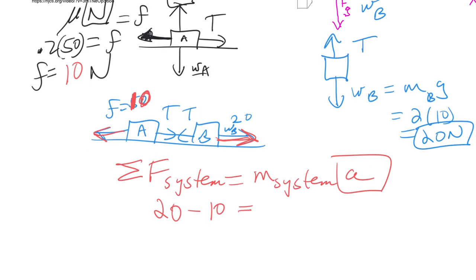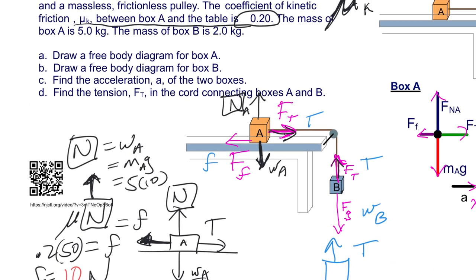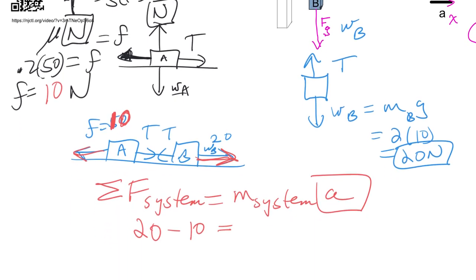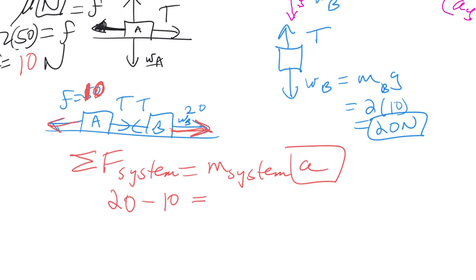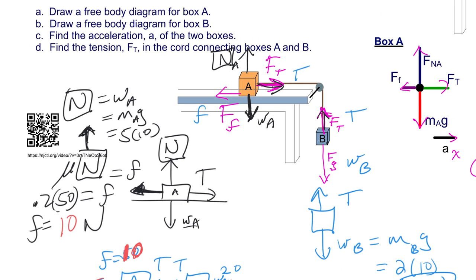The total mass of the system is 5 plus 2, which is 7. Add the two masses times A. So 10 equals 7A. A equals 10 over 7. 10 divided by 7 is 1.43 meters per second squared. That's the acceleration of either block or of the system.